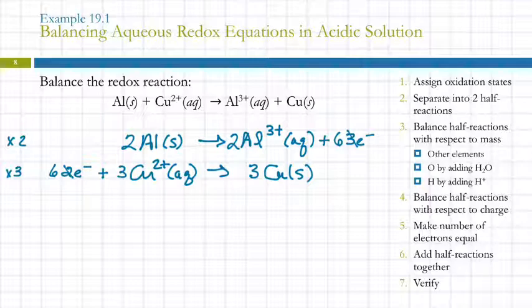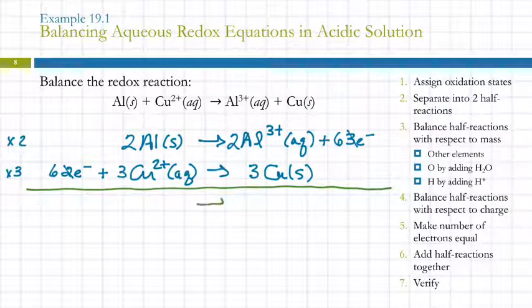Now we're going to add the 2 half reactions together. So this is just like adding math equations. It helps if you line up all your reaction arrows. So we are setting this up so that I have 6 electrons and 6 electrons, and so I can just cross those off. The electrons should always cancel out. And then all I have to do is copy down the other things.